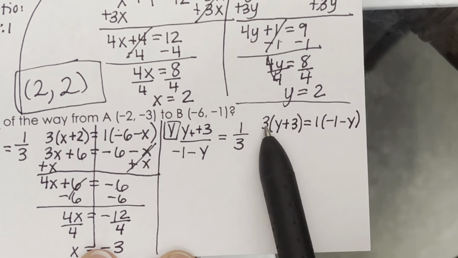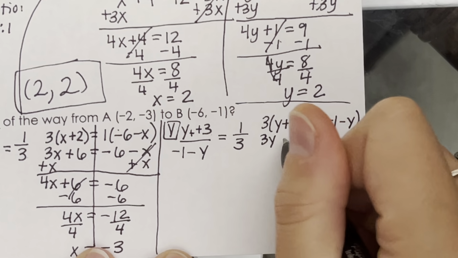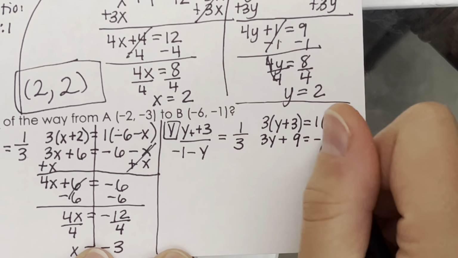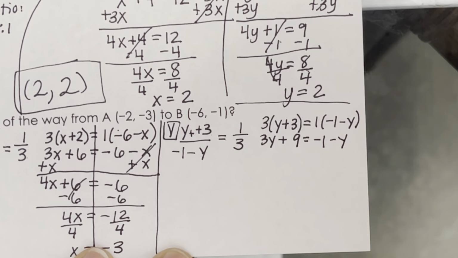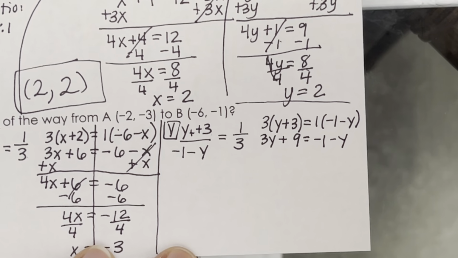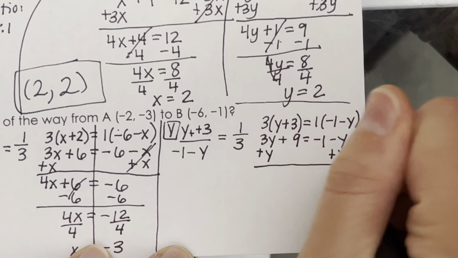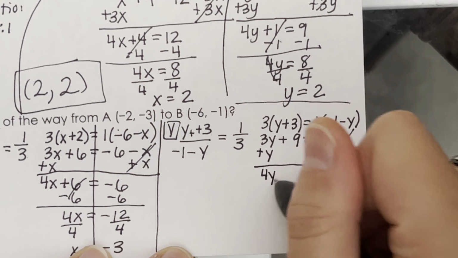Do some distribution. 3 times y is 3y. 3 times 3 is 9. 1 times negative 1 is negative 1. 1 times negative y is negative y. Get all my y's to the same side, so I'm going to add y to both sides. So 3y plus y gives me 4y.